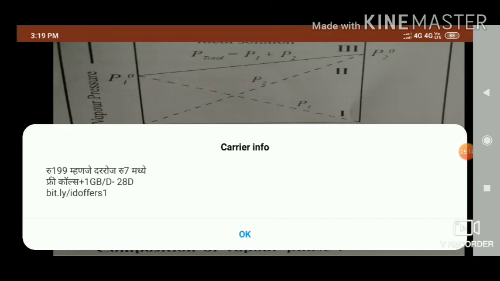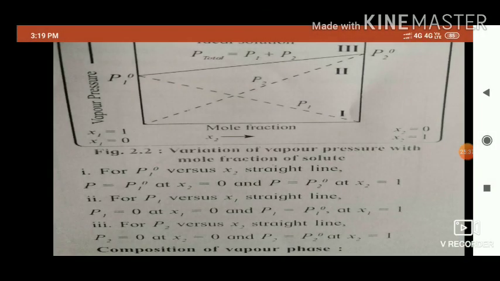In the first case, we consider P is equal to P1 naught plus, in brackets, P2 naught minus P1 naught into x2. If we take the value of x2 equal to 0, then the equation becomes P is equal to P1 naught.